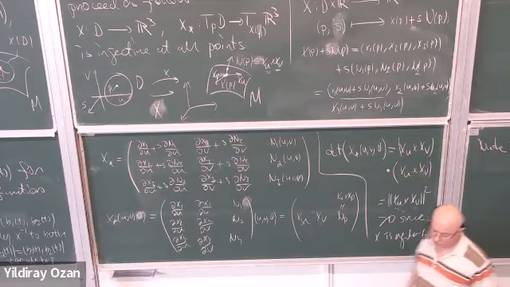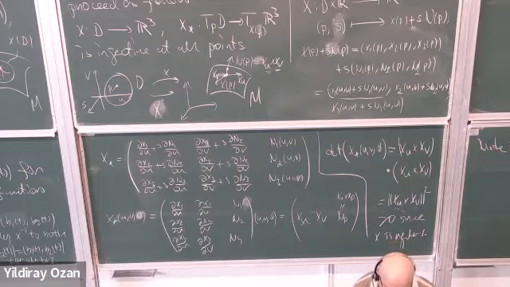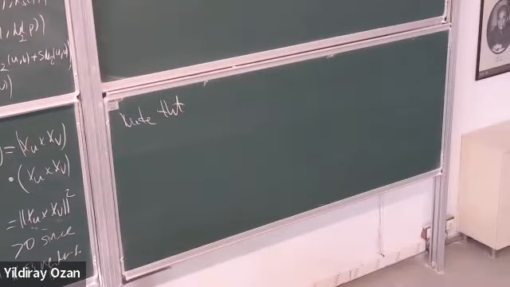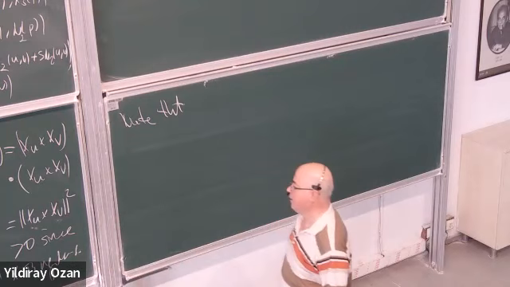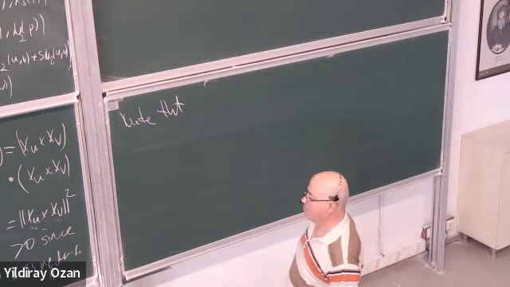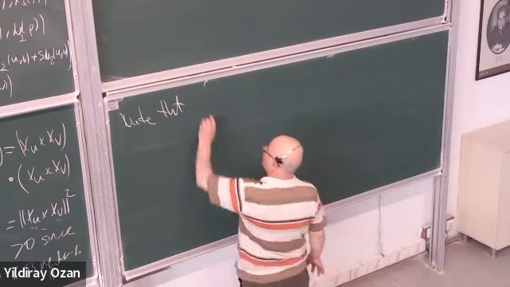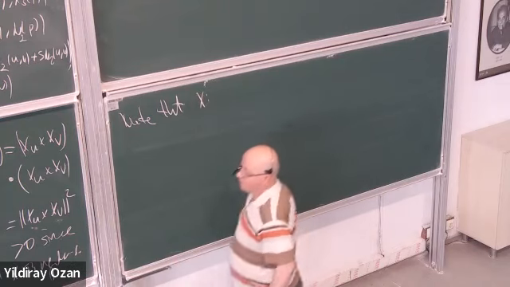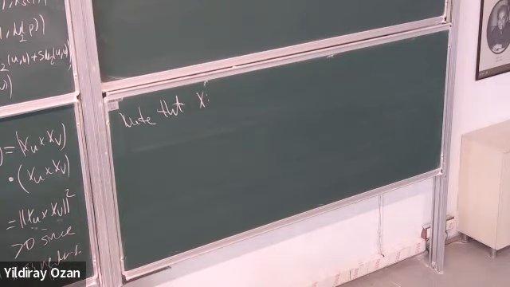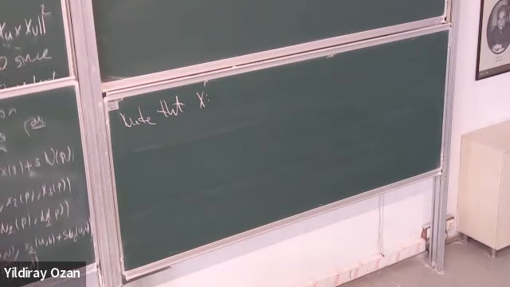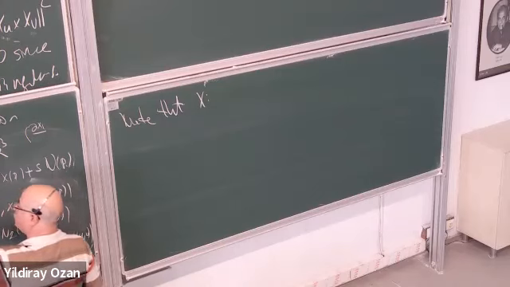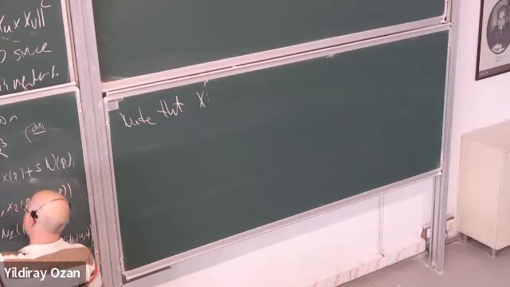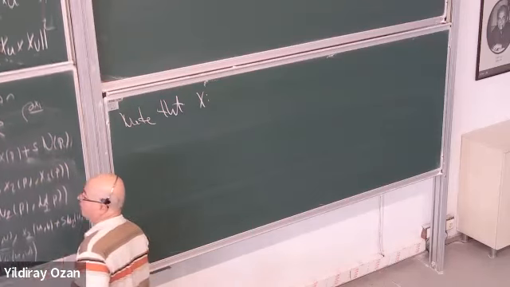Okay, let me change the board. Note that big X is a function defined on 3-space, right? It is defined on D cross R. D is a subset in R2, so R2 cross R, which is R3, into R3.